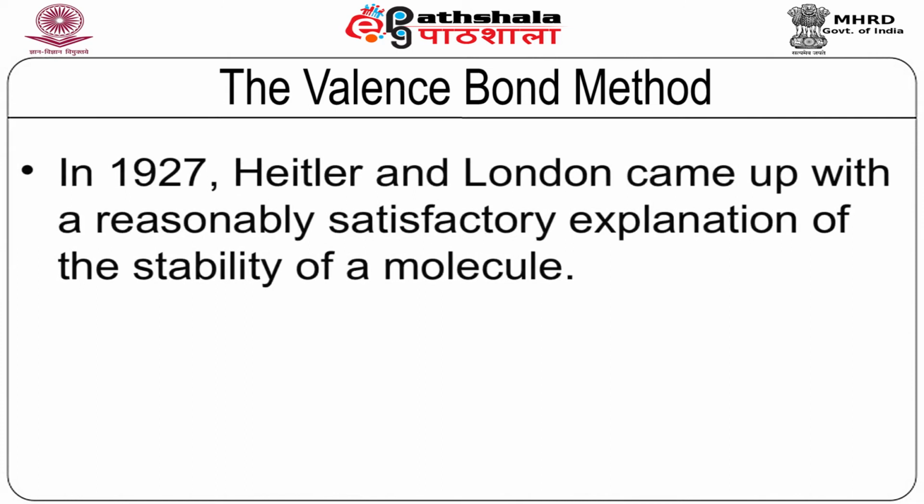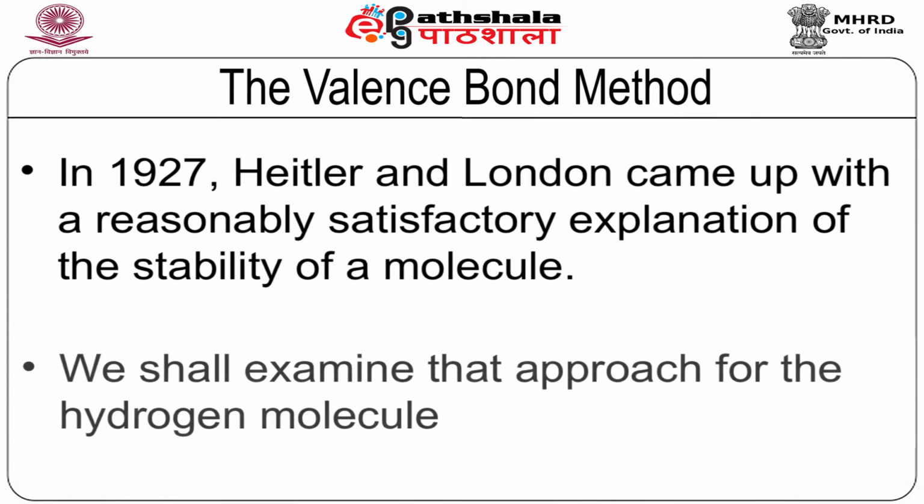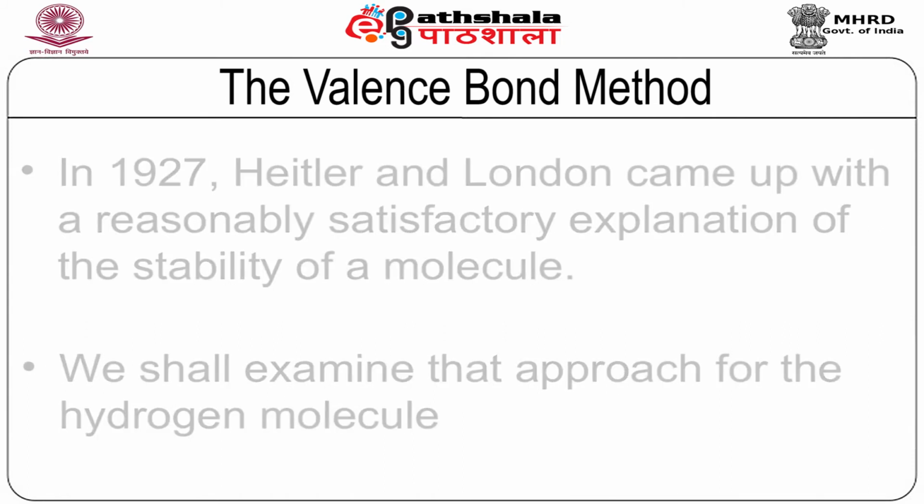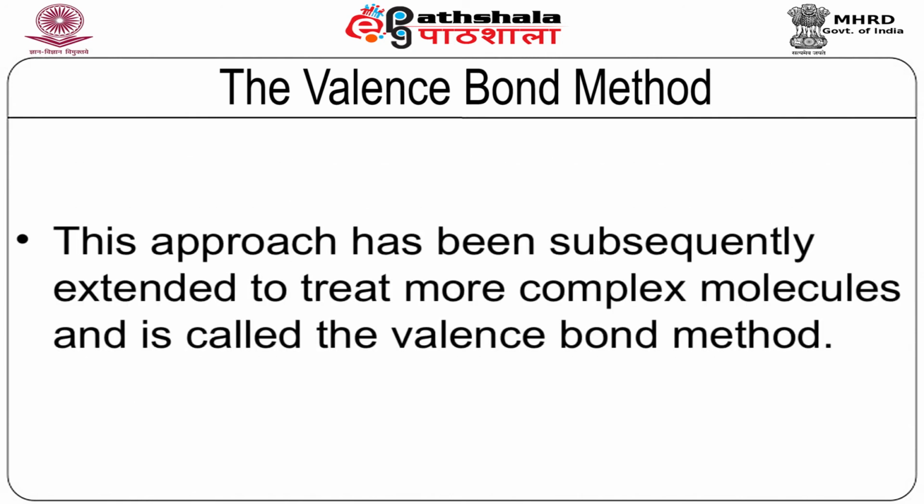In 1927, Heitler and London came up with a reasonably satisfactory explanation of the stability of a molecule. We shall examine that approach for the hydrogen molecule. This approach has been subsequently extended to treat more complex molecules and has been called the valence bond method.